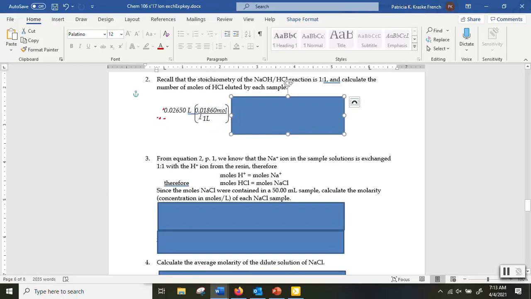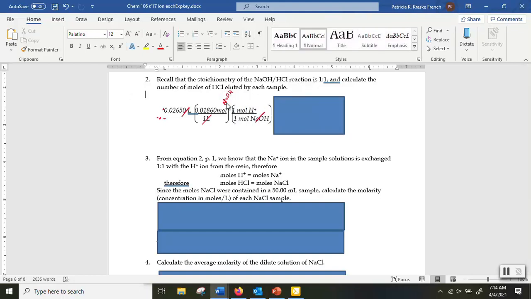This was 0.01860 molar, or 0.01860 moles per liter. So that cancels our liters. Now we're in moles of NaOH. Because this is a 1-to-1, the next thing we do is convert it: 1 mole of NaOH to 1 mole of hydrogen, and our moles of NaOH cancel.